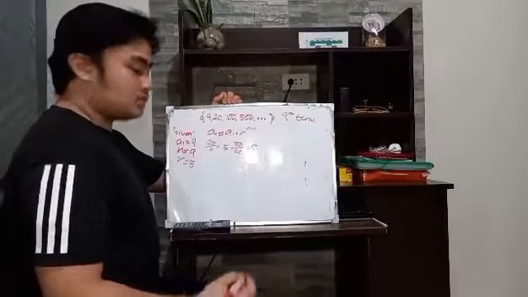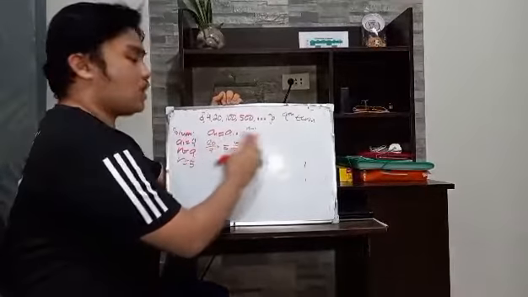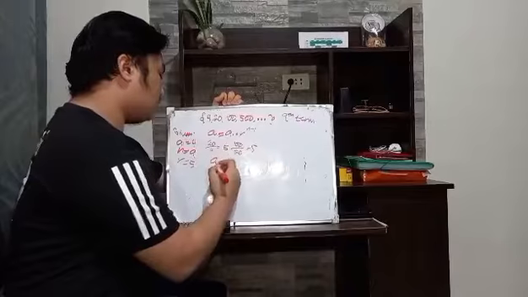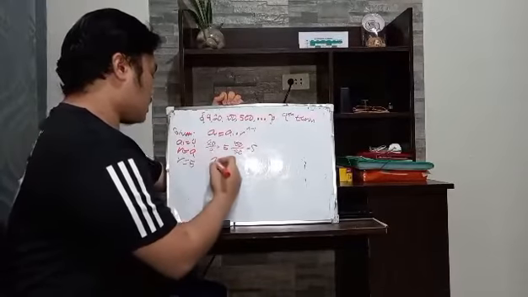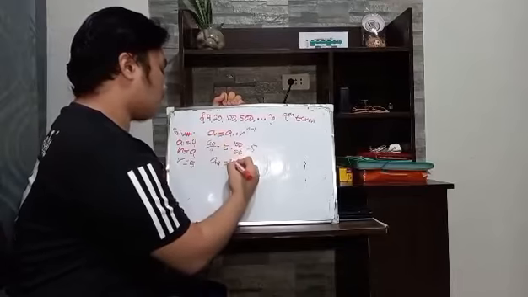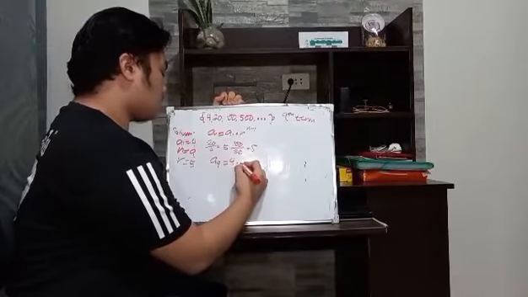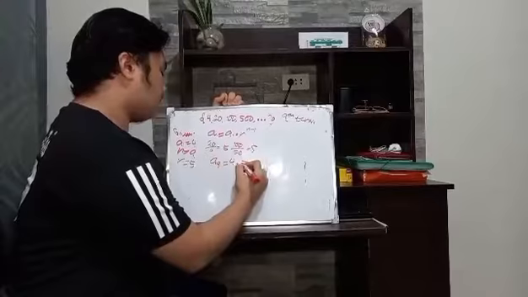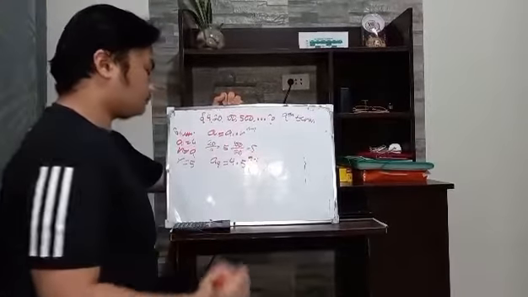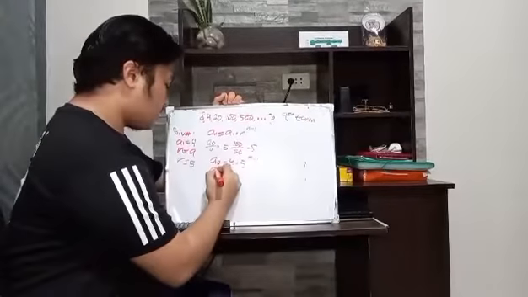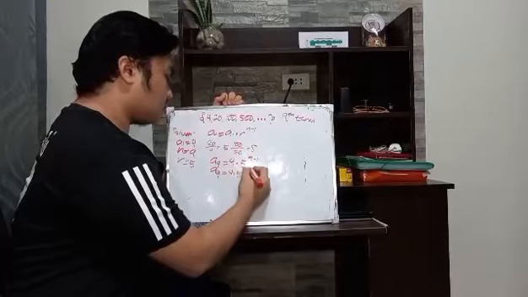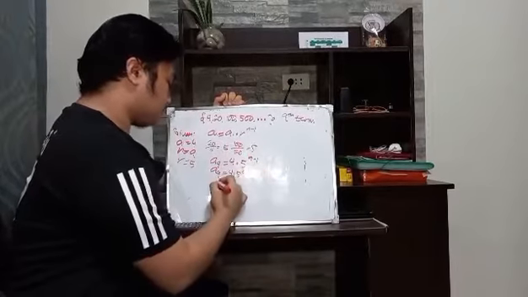The next step is to substitute these givens into our formula. Instead of writing a sub n, we will write a sub 9 is equal to a sub 1, which is 4, times r, which is 5, raised to the power of 9 minus 1. Simplify. A sub 9 is equal to 4 times 5 raised to the power of 9 minus 1, which is 8.